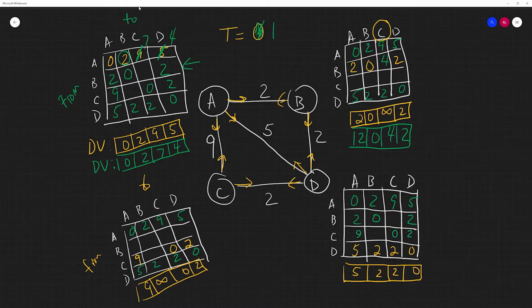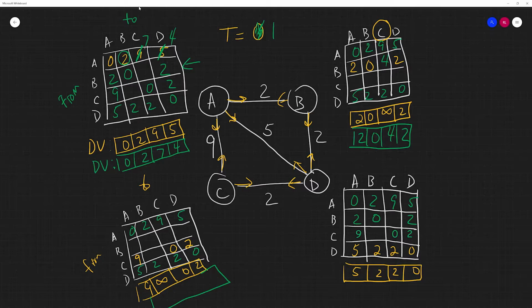Let's see, I'm going to shift this a bit because it's otherwise going to fall off. So over here my original cost is 9, which is pretty expensive. This one we can ignore because that's A, and to get there it's going to cost me 9.